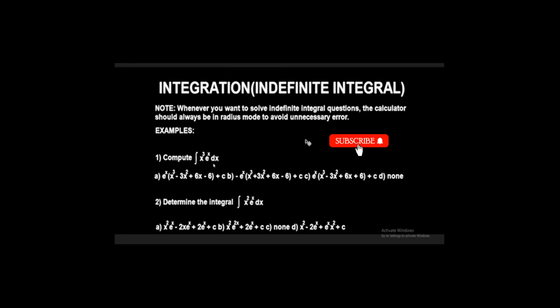This is integration by parts if you want to solve it manually or show your working. But with the TI-84 Plus scientific calculator, I'm going to show you guys how you can do this fast in seconds.